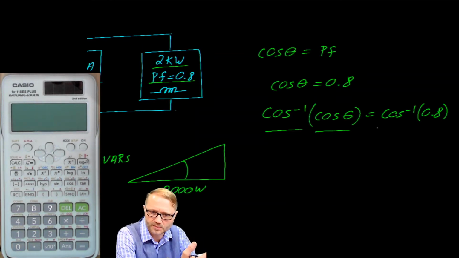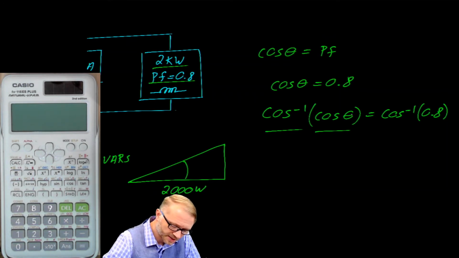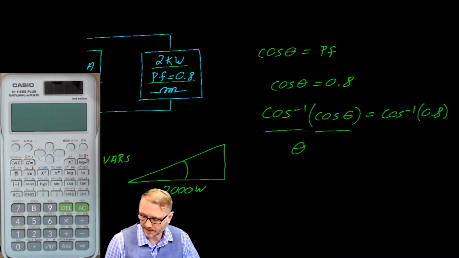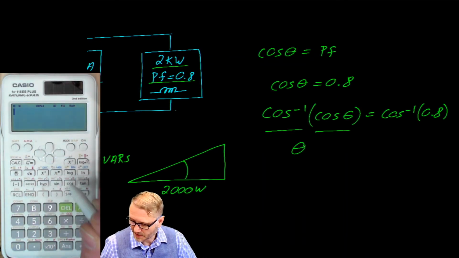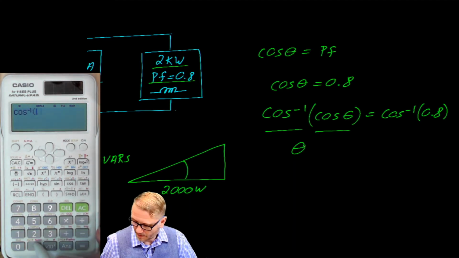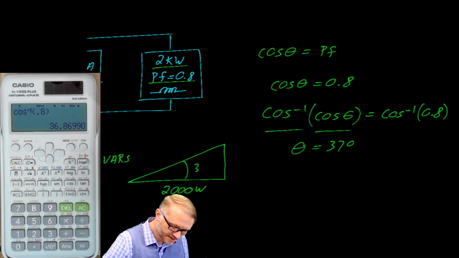As long as you went through both machines, you would end up back where you started. Well, that's what's going on here. So if you take the cosine of theta and you run it through an inverse cosine machine, you end up with just theta. And then as far as the 0.8 is concerned, shift cosine 0.8 close paren is equal to about 37 degrees. So that gets us a little closer.